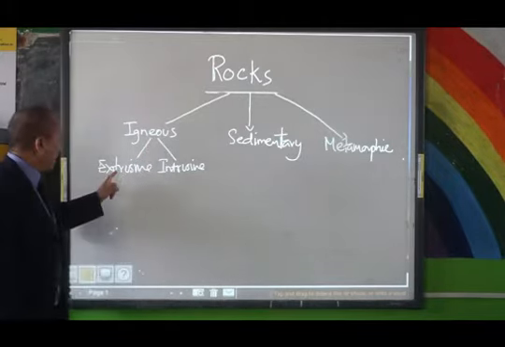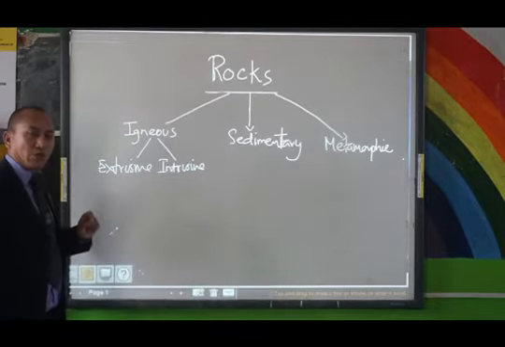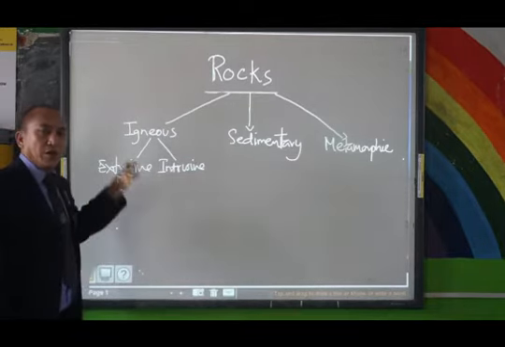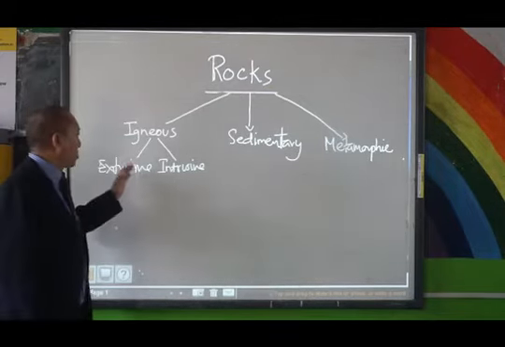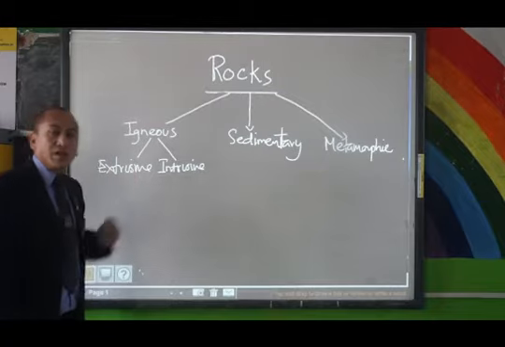Now, what are extrusive igneous rocks? That means the rocks that are found on the surface of the earth are called extrusive igneous rocks.